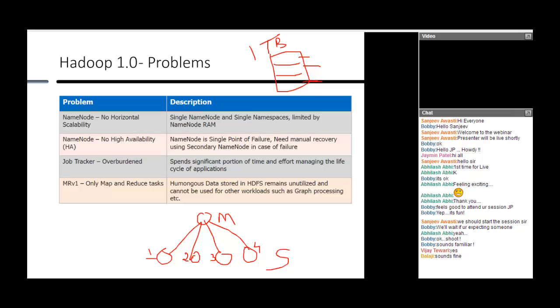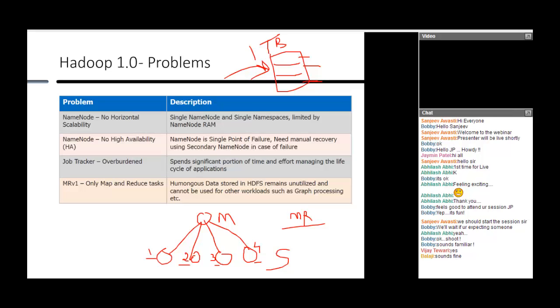Now when you store a big file in these 4 different parts, you also want to process this file, right? When you want to analyze the data, all this 1 terabyte of data which is stored in one file, you have to write something called MapReduce programs.